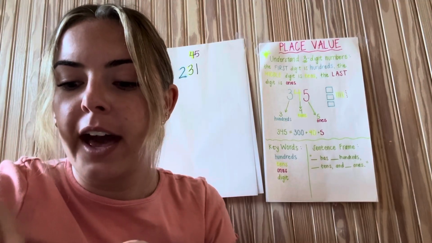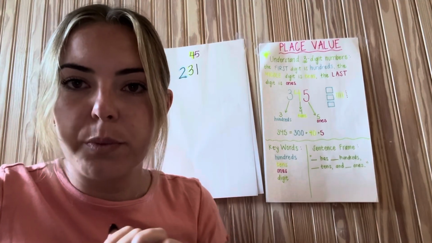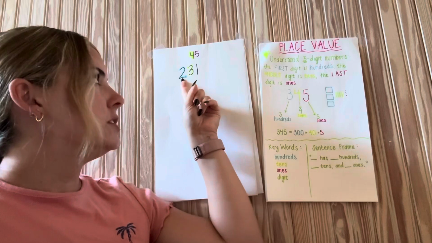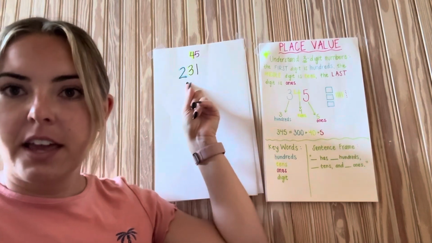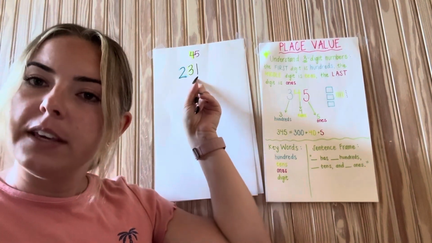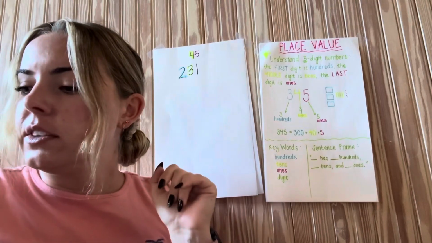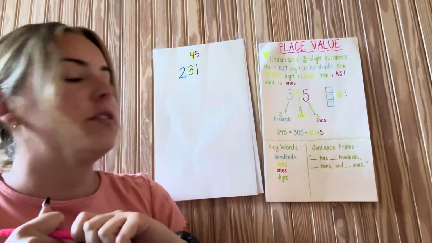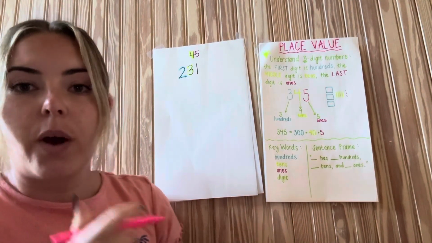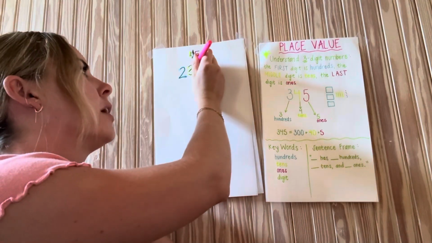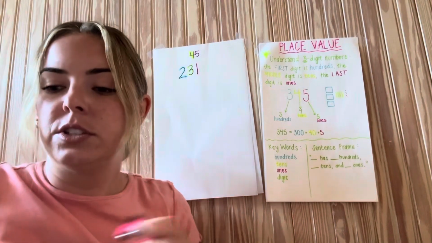Next, we have our ones spot. We have our hundreds, we have our tens. The last digit will be our ones. In this number, we have the number 1. So I'm going to highlight our ones spot, which is our 1.